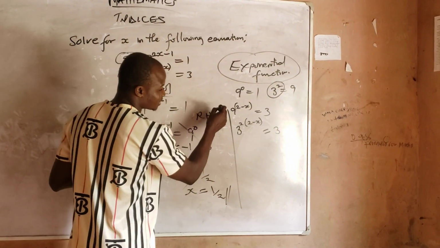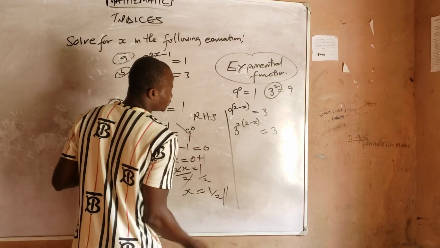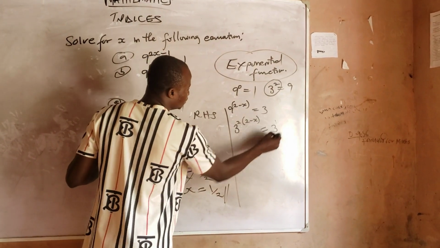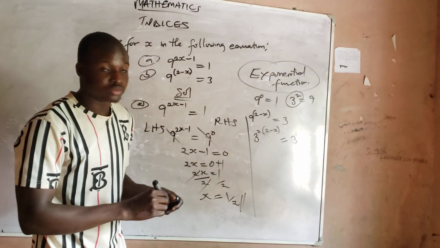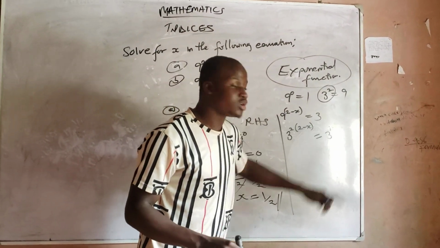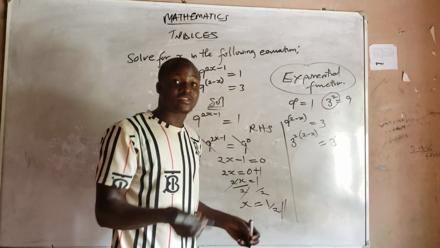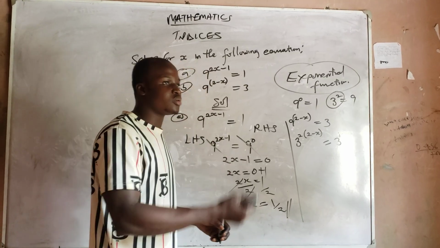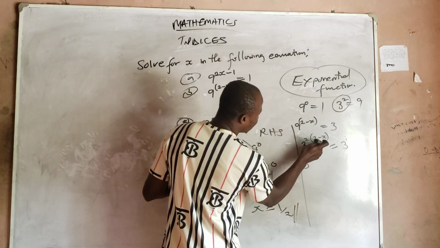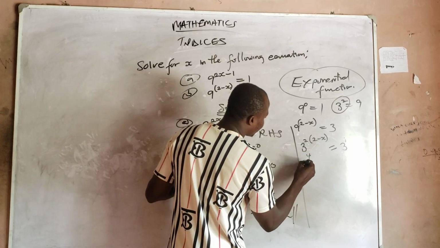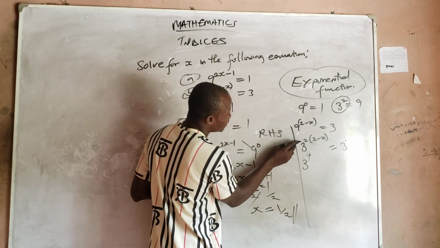Don't forget that this 3 is raised to the power of 1. This 3 is not standing alone. It's raised to the power of 1. That is the index form of 3 itself. Now, 3 raised to the power 2 times 2 is 4, right?